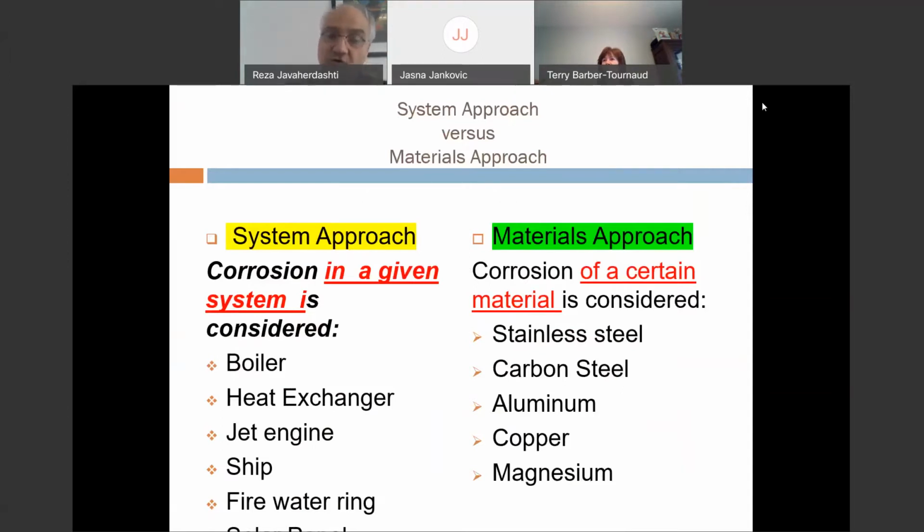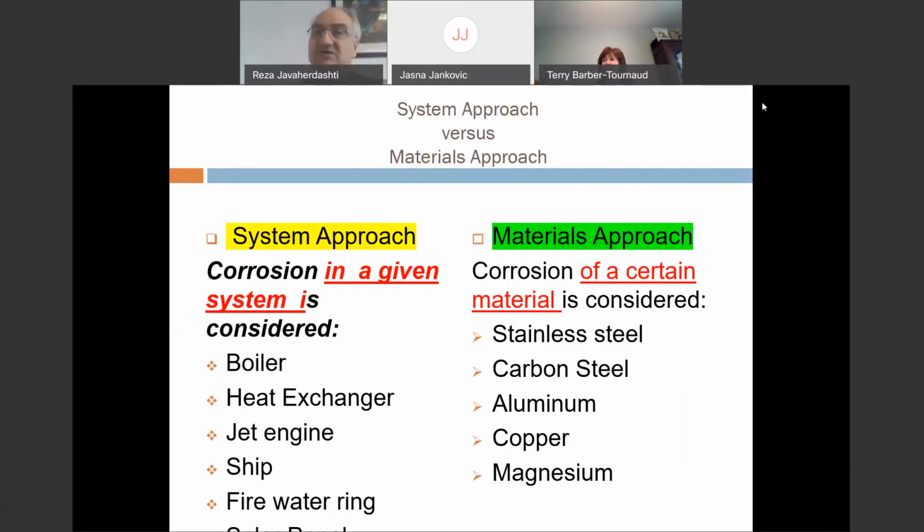When you go for a system approach, it is corrosion in a given system that is of interest to you. For example, when you go to industry, people may say that I have corrosion problems with my jet engine. What can I do? Or I have corrosion problems with my power plant heat exchanger.